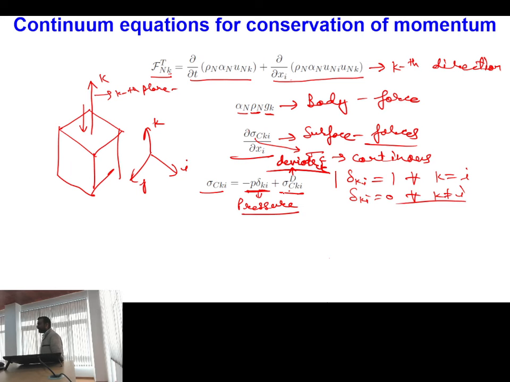These will be mu times del v by del x plus del u by del y, that is equal to tau yx or tau xy. At the moment I am not specifying it for a particular fluid phase, but in this course on multi-phase flow, we will only be talking about Newtonian types of fluids.